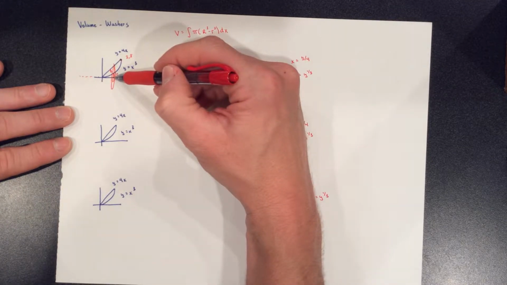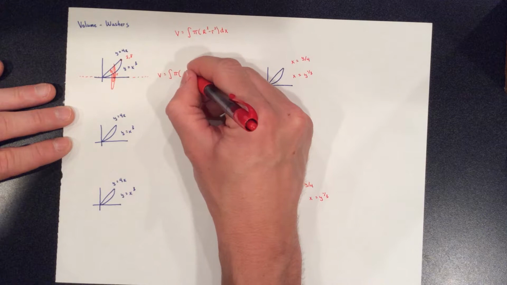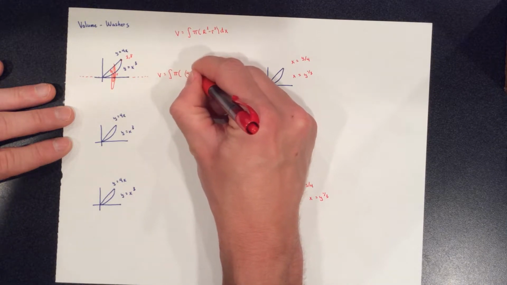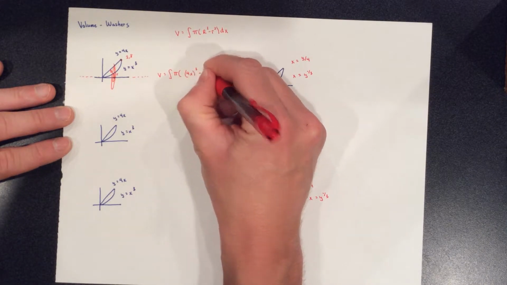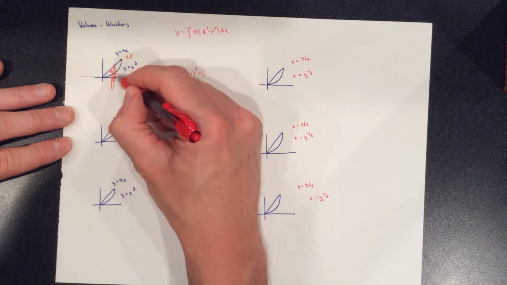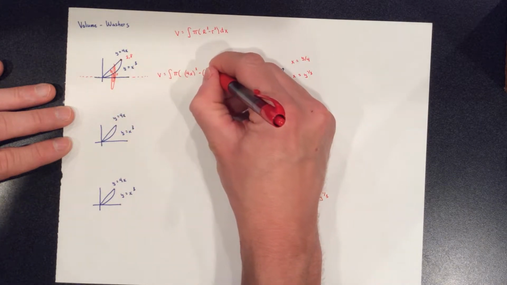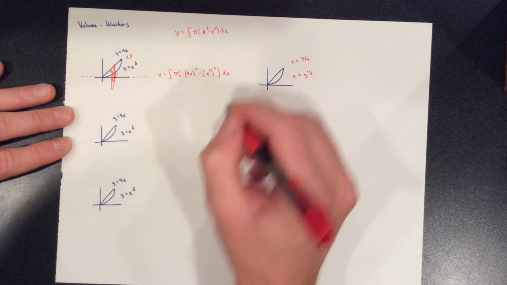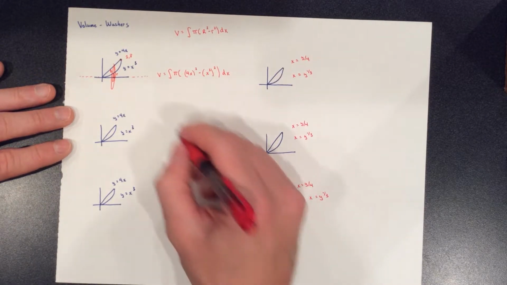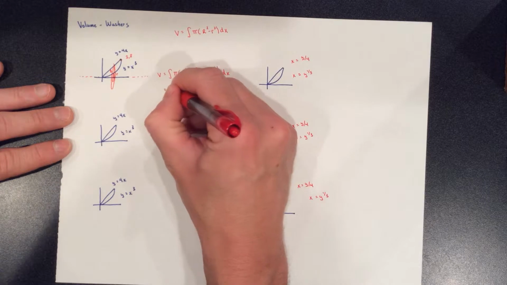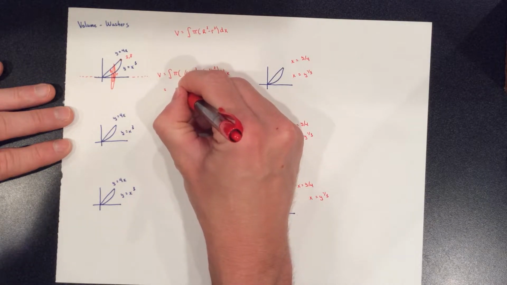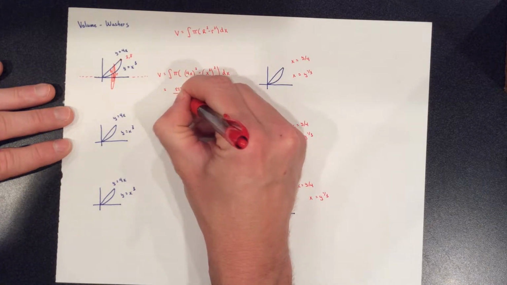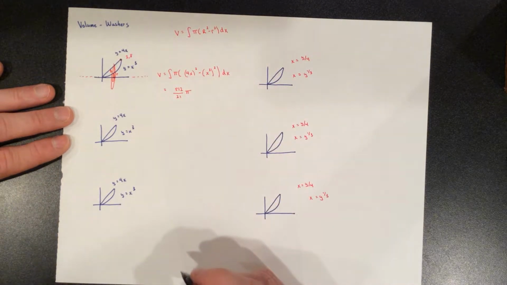Big R was from your axis to the top curve, so that's 4x, squared, minus little r, which is this distance, x cubed, squared. The thickness of each washer is dx. When you do that, these numbers will be pretty big: 512 over 21 pi. That's your volume.